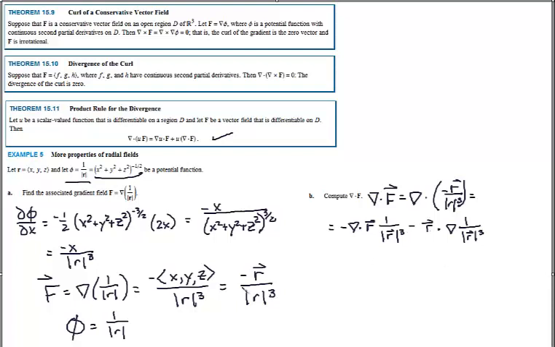Now we can do a similar thing to what we did here in A, and we will find that this right here is going to be equal to minus this r. This right here is going to be equal to negative 3r over magnitude of r to the 5th.